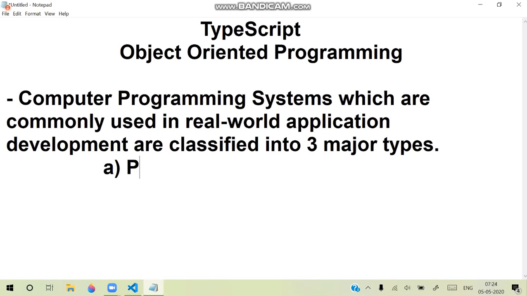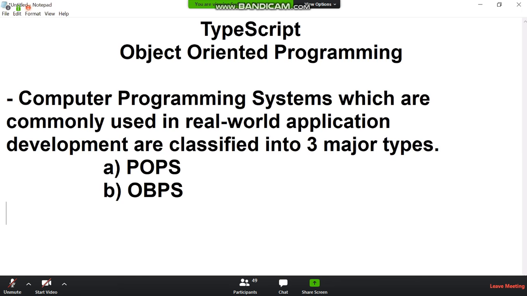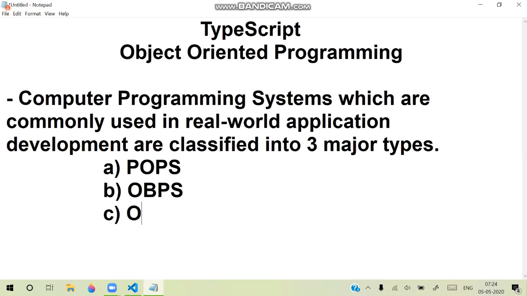So we have POPS, we have OBPS, and we have OOPS. These are the three major programming systems.